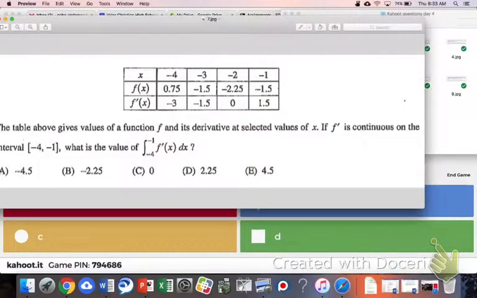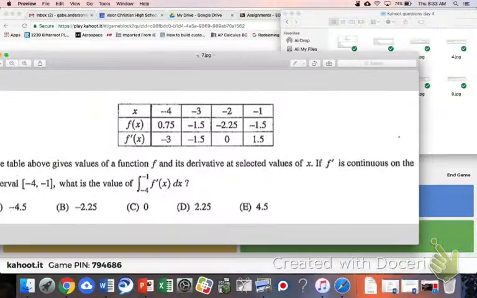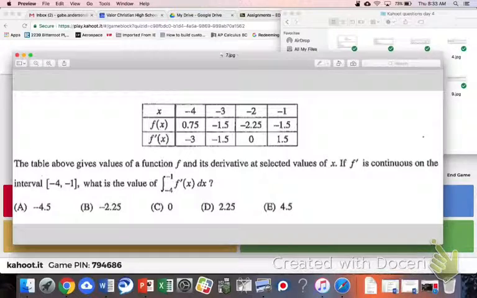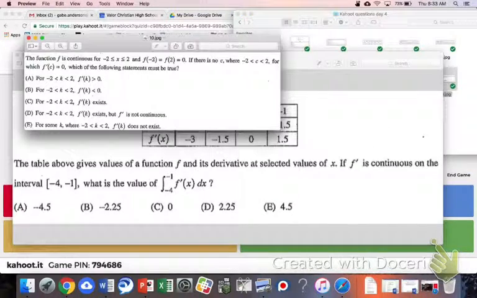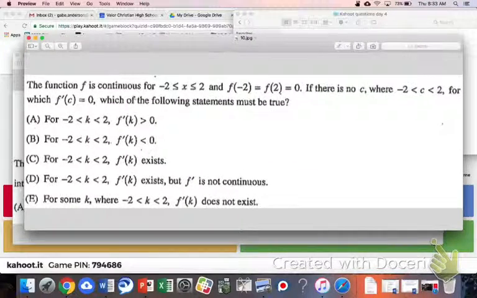E, D. Okay, gotcha. Did you guys draw a picture of this?